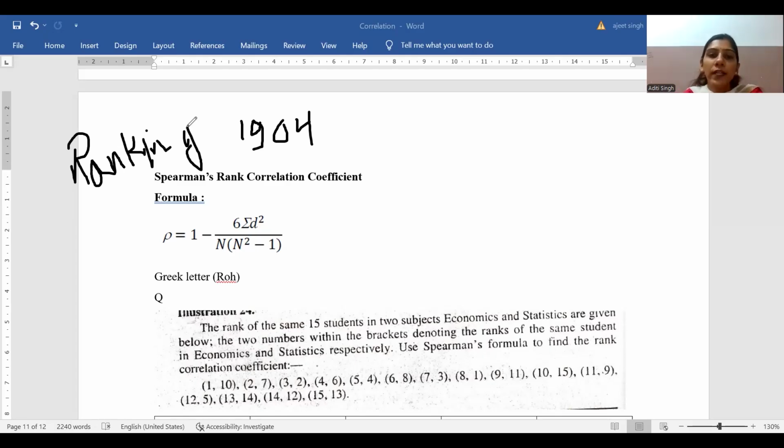for finding the correlation between those qualitative facts which cannot be measured quantitatively.